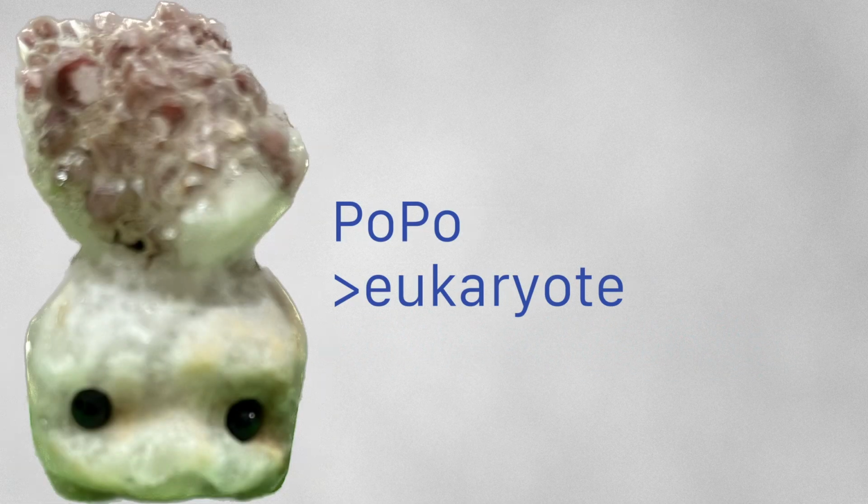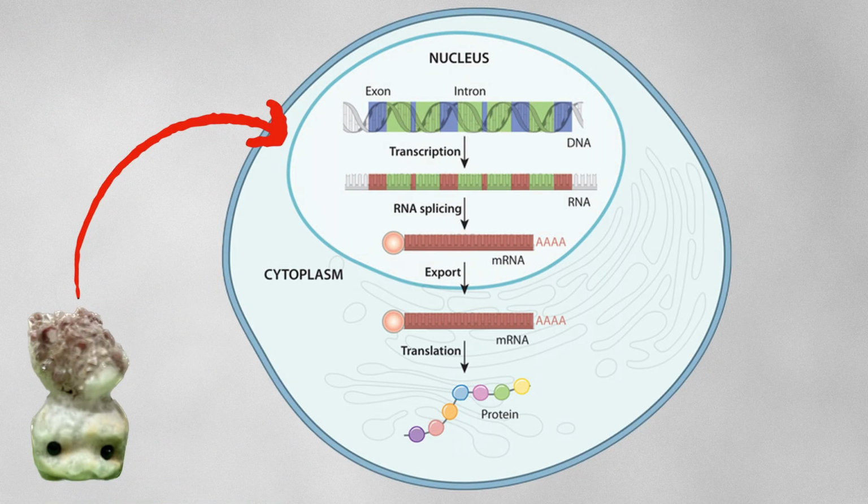Now, going back to our friend here, Popo, let's assume that he is a eukaryote, and because of this, transcription occurs in the nucleus, whereas translation will occur or is expected to occur in the cytoplasm.